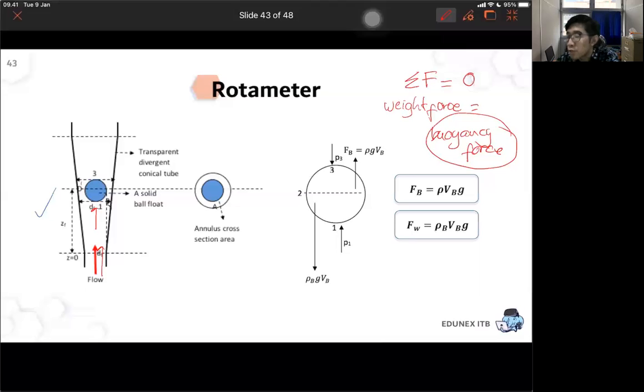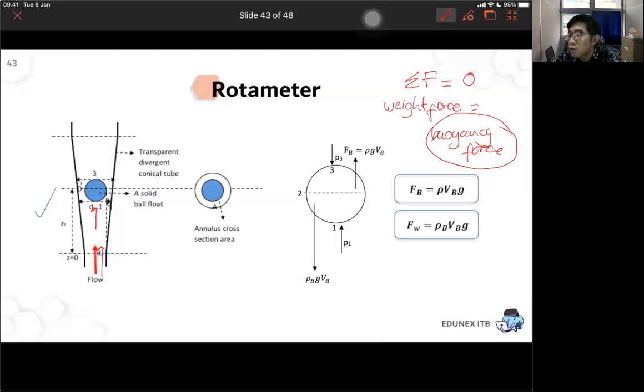But actually, the buoyant force is the delta, or the difference of what? Is it density? No, not density. Do you still remember? Is it the difference in pressure from below and above, sir? Yes, correct.